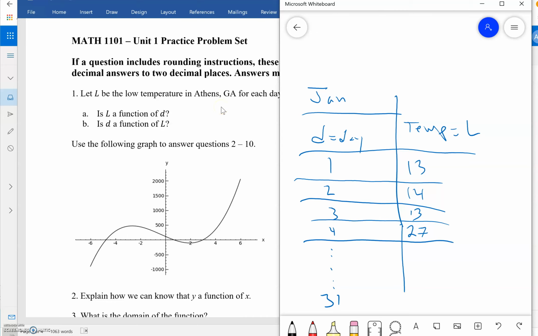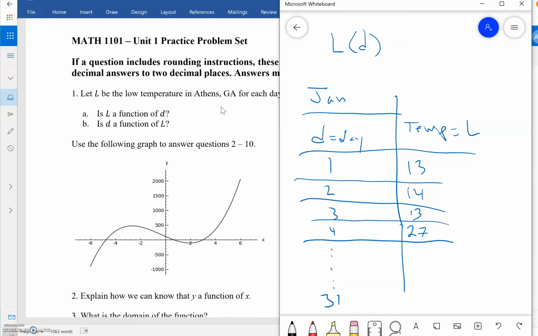Now let's go back to the question. Can L be a function of D? That means for each input D, we can only have one output. The input would be the day, and the output would be the temperature. So can you have more than one low temperature per day? That's the question, because if you can, then you don't have a function, right? Each input needs to have a unique output.